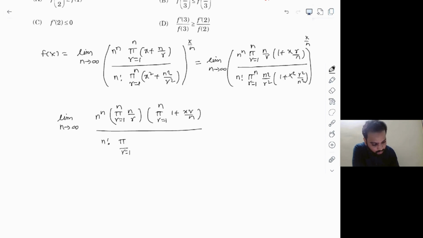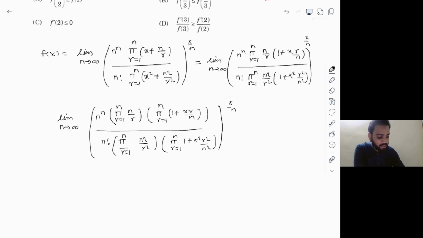Again, I'm going to split the pi notation in the denominator also. r equals 1 to n of n square divided by r square and multiplied by pi r equals 1 to n of 1 plus x square into r square divided by n square, and again we have whole to the power of x by n.